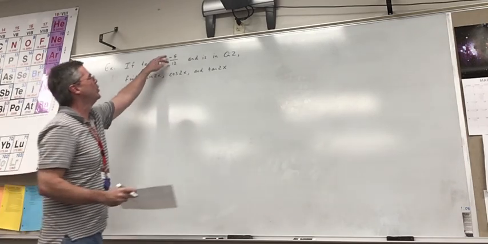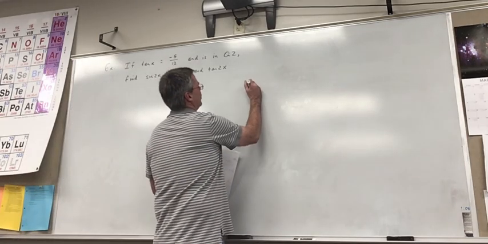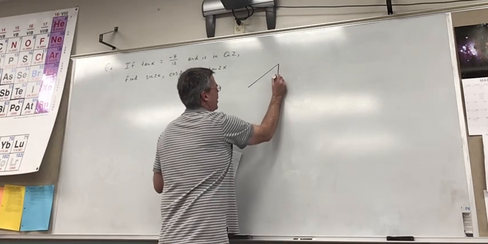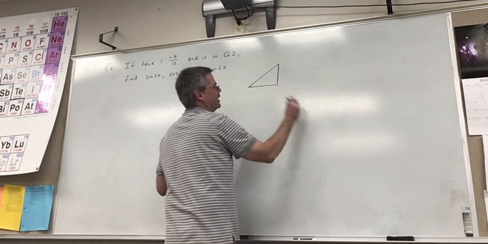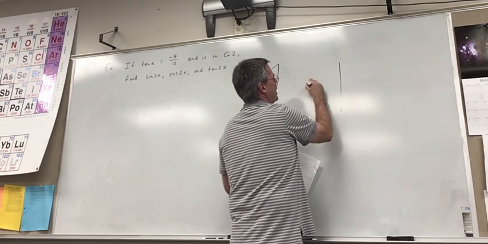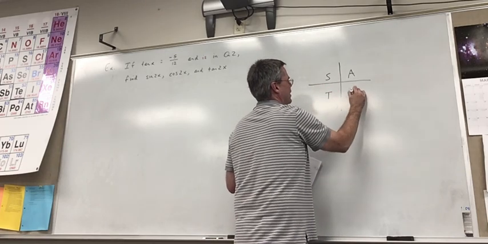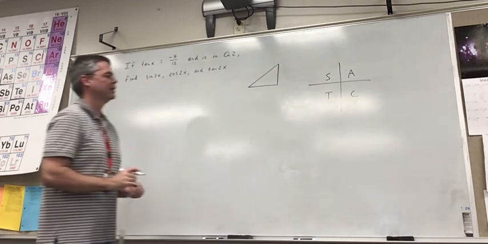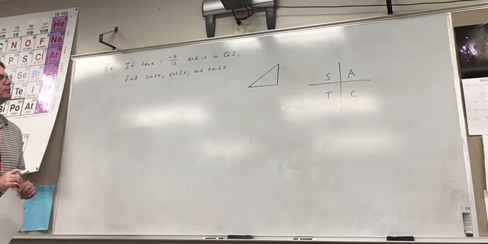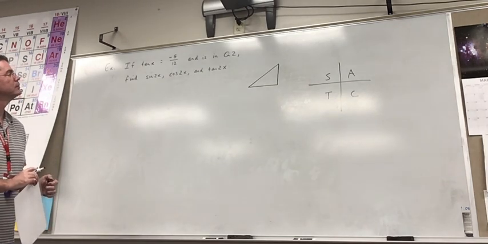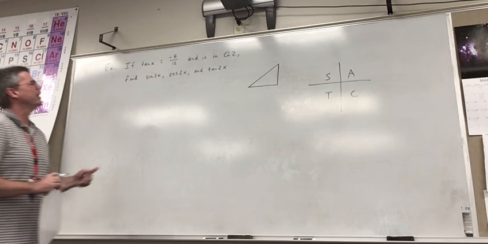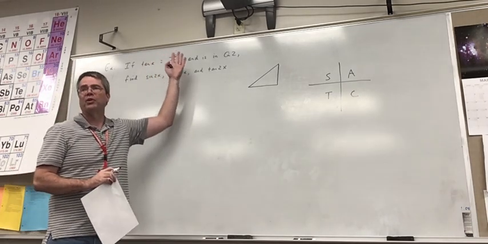Okay, I'm going to draw a triangle, but I'm not going to worry about the negative. We'll figure out the negative and positive part with our ASTC. Okay, so for tangent, where do we put the 5?